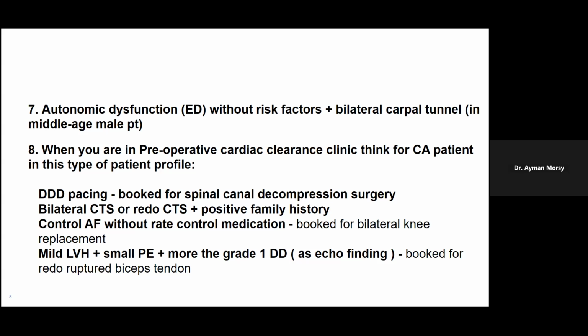If your patient by echo has mild LVH, a small pericardial effusion, more than grade 1 diastolic dysfunction, booked for redo rupture biceps tendon, considered as carpal tunnel syndrome.